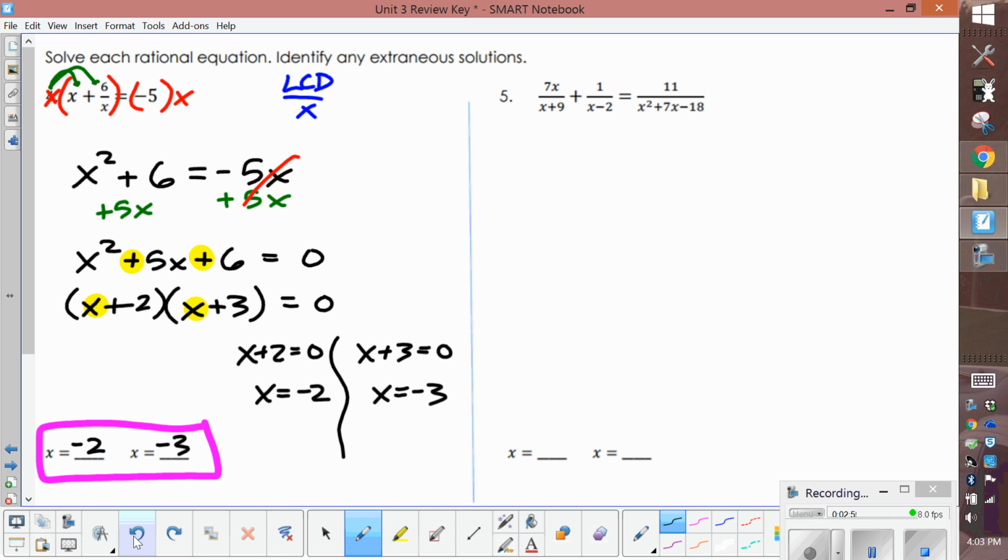Okay, I'm going to rewrite this problem. And I'm going to factor this long trinomial right here. And I have 11 on top. And this will factor out to x times x. And you'll notice my signs have to be the same or different.